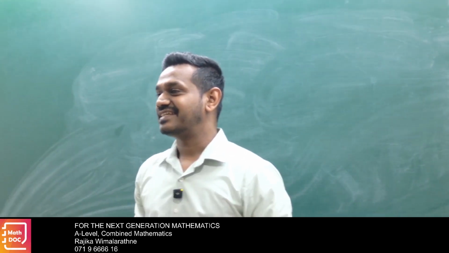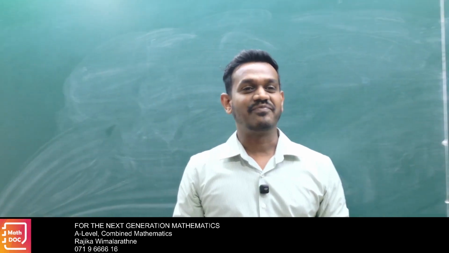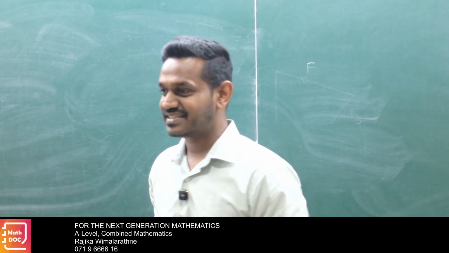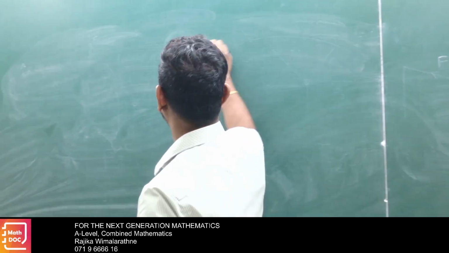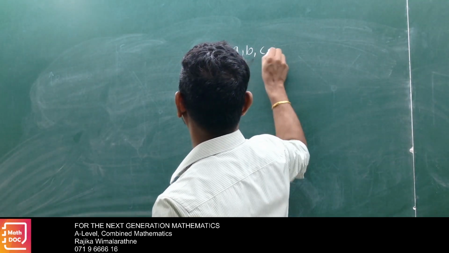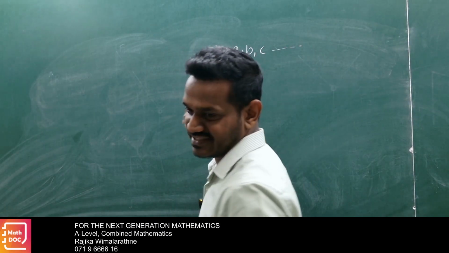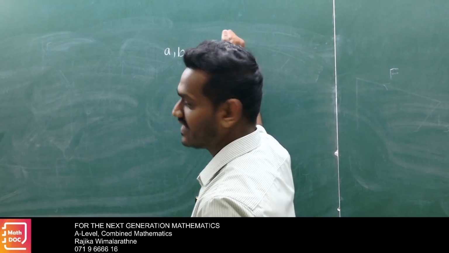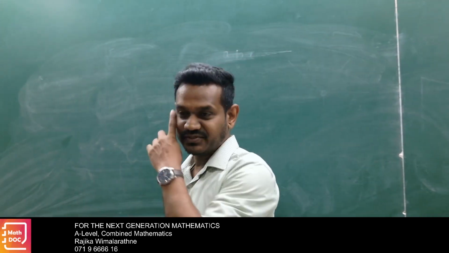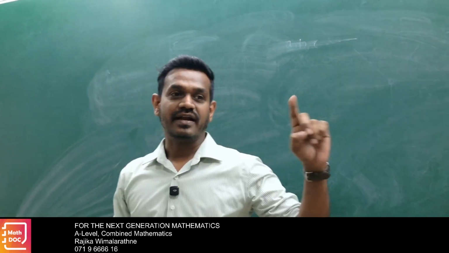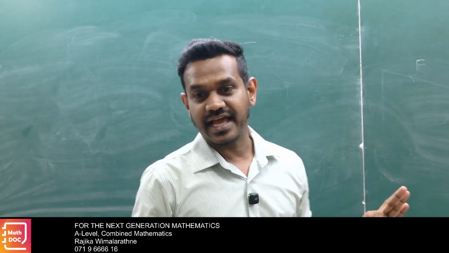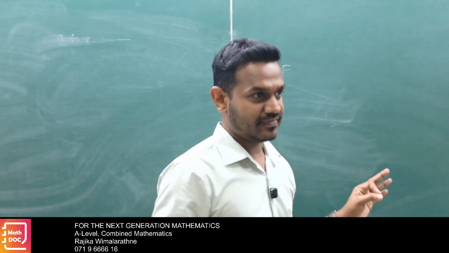Label the regions by simple letters A, B, C, putting some dots. Okay, now see. Step number one: mark all the external forces and find them if it is necessary.